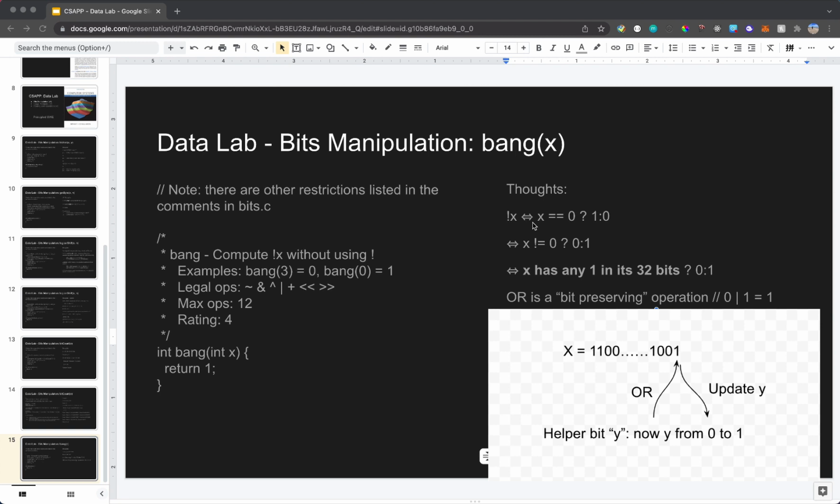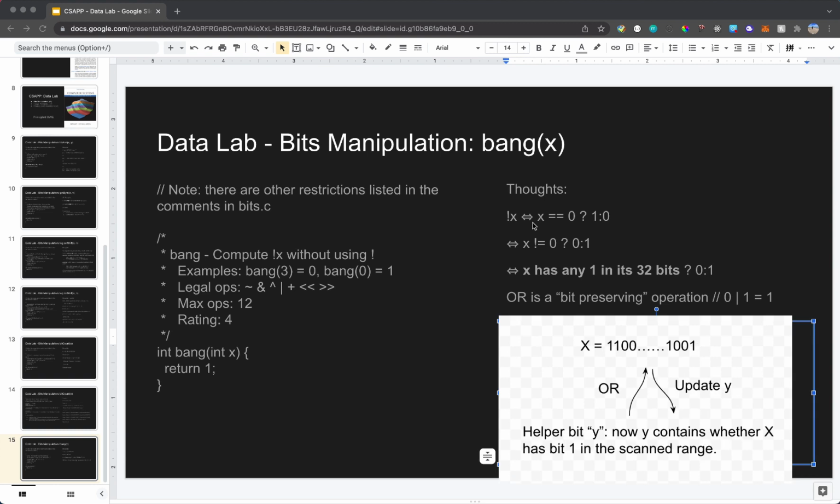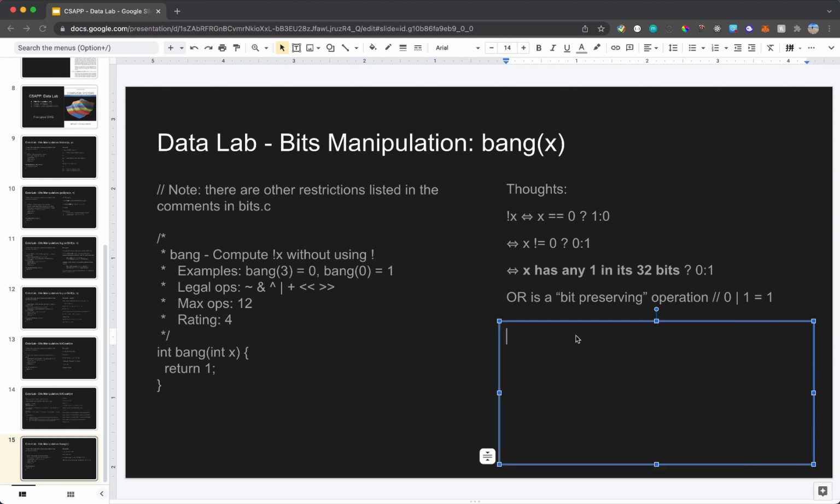Then at the end, after we scan all 32 bits of x, the value in the helper bit tells us whether x has any 1 in it or not. As long as one of the bits in x is 1, this helper bit should be 1 at the end. Okay, let's write down this first idea here.